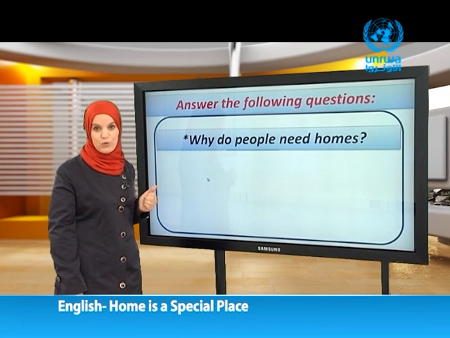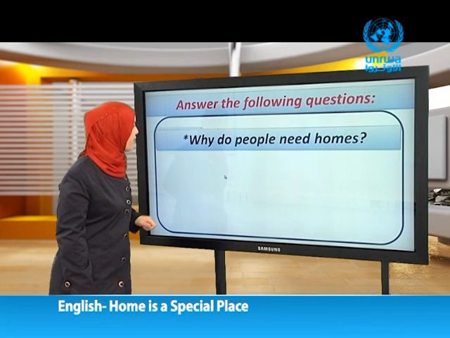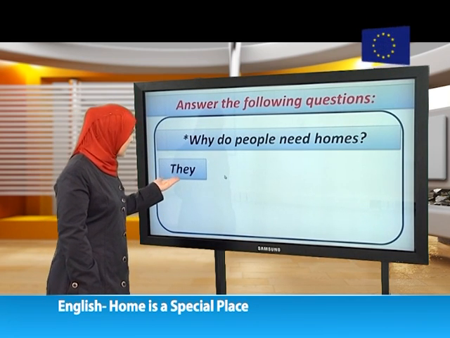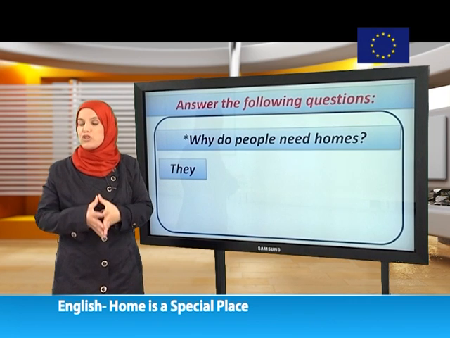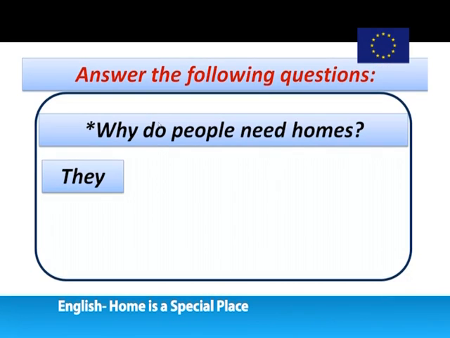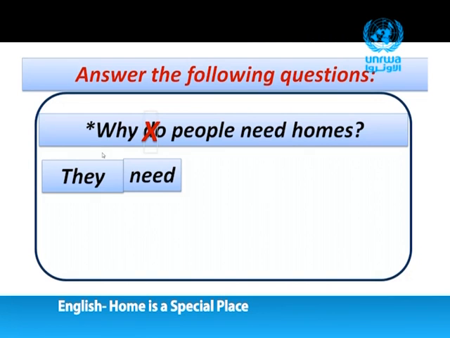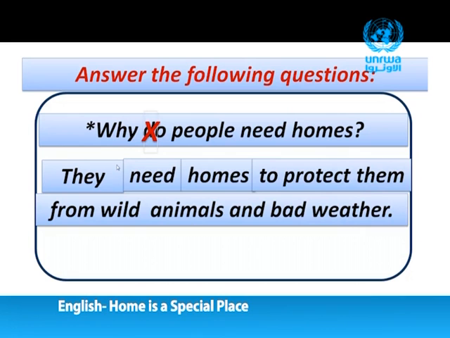So let's answer the question now. We will begin with the subject and we can replace it with the subject pronoun they. We don't need do. The verb is need. They need homes. Why? To protect themselves from wild animals and bad weather.